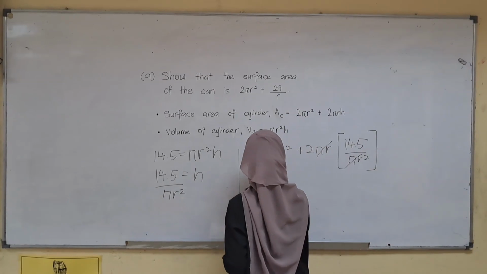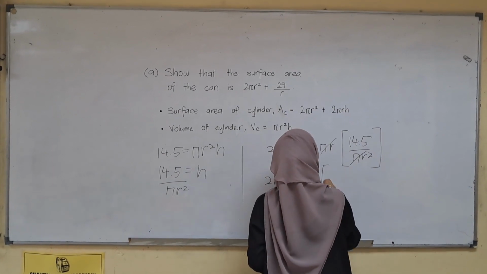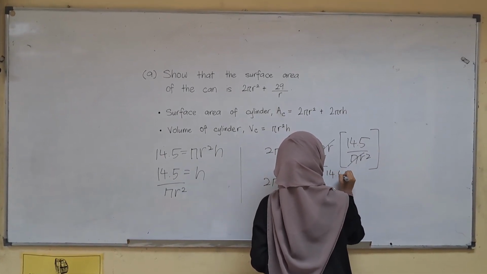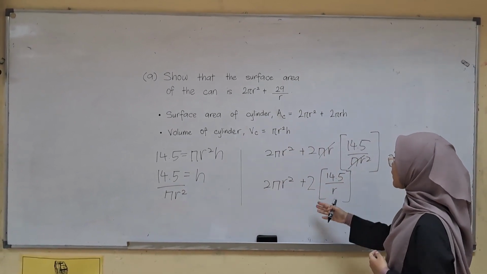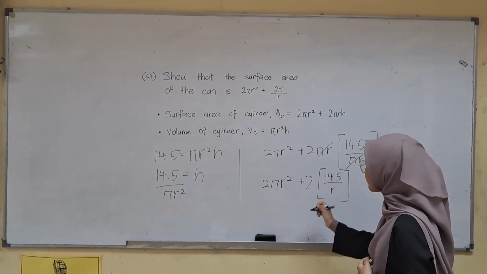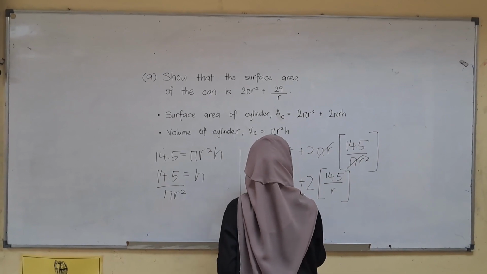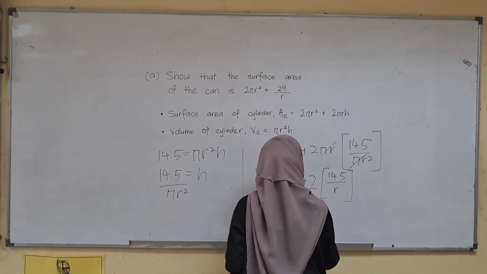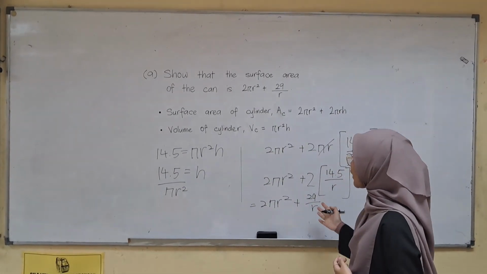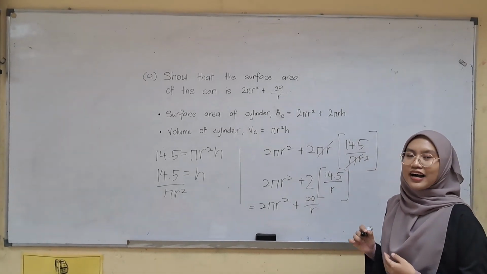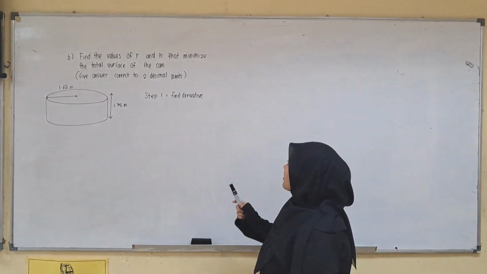And then we will multiply the 2 with 14.5. And now we have proven that the surface area is equal to 2 pi r squared plus 29 over r.